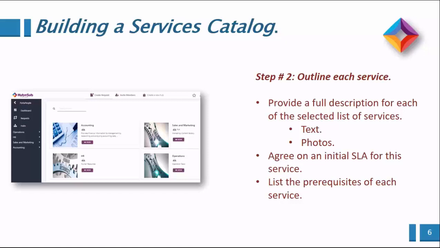It's very important to list them. It's better to state them here in the request from the beginning, so that it will save the time of rejecting an incomplete request, or waiting for the customer to provide these requirements.